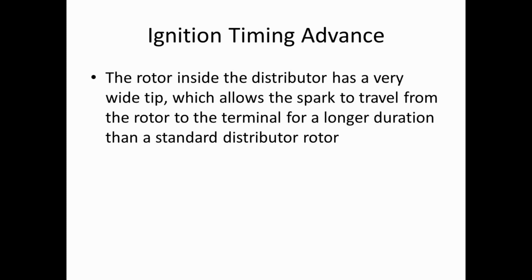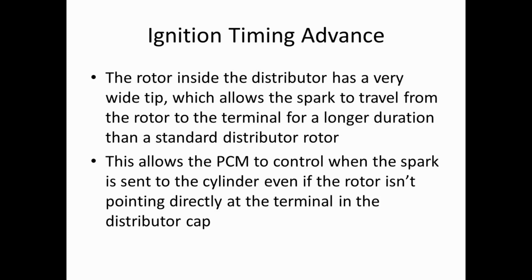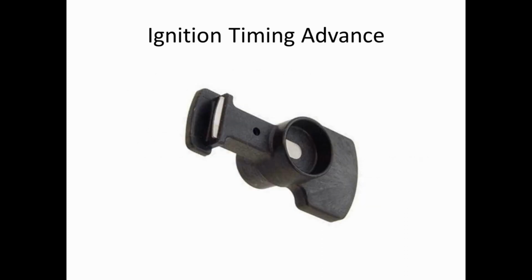So the tip of the rotor is pointing at the terminal for a longer rotational time than a standard rotor. This allows the PCM to control exactly when the spark is sent to the cylinder, even if the rotor isn't pointed directly at the terminal in the distributor cap. As you can see in the image, the tip of the rotor is very wide, so the ignition can fire any time between here and here, and that's what the PCM controls.